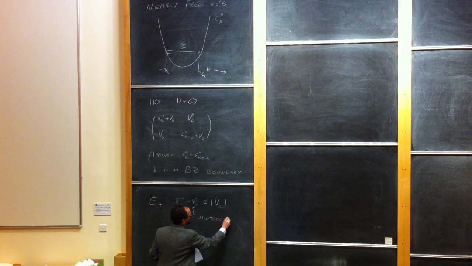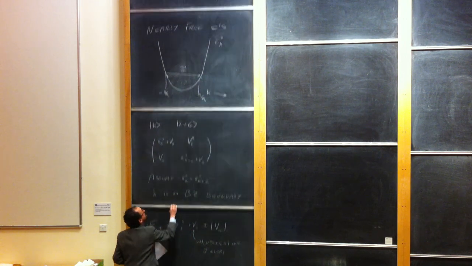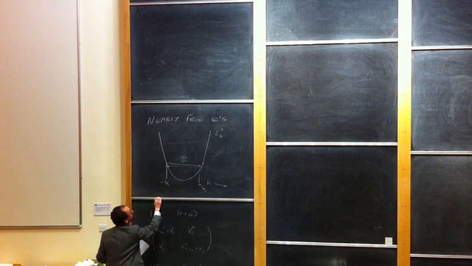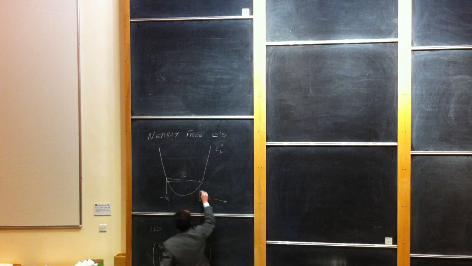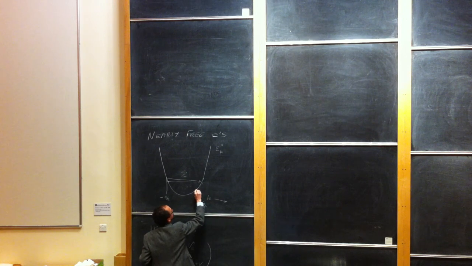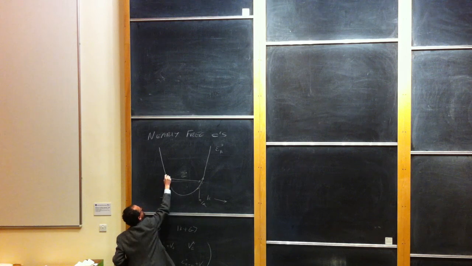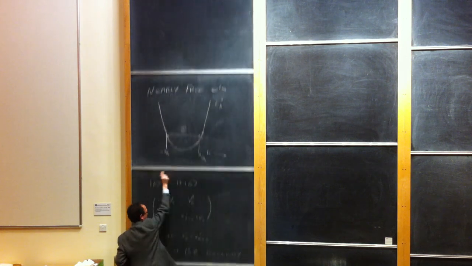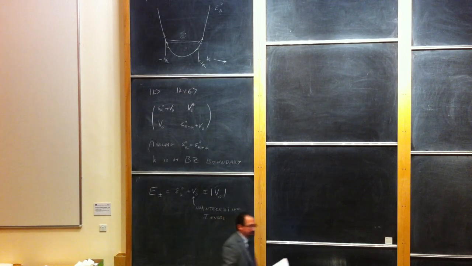So I'm just going to ignore it. Having ignored that piece, our new spectrum opens up a gap at the Brillouin zone boundary, like this, and like this, to accommodate the fact that the energies have been shifted up and down by V_G.